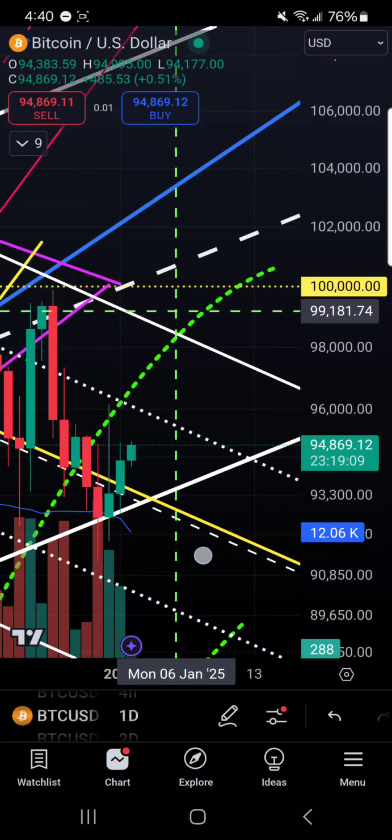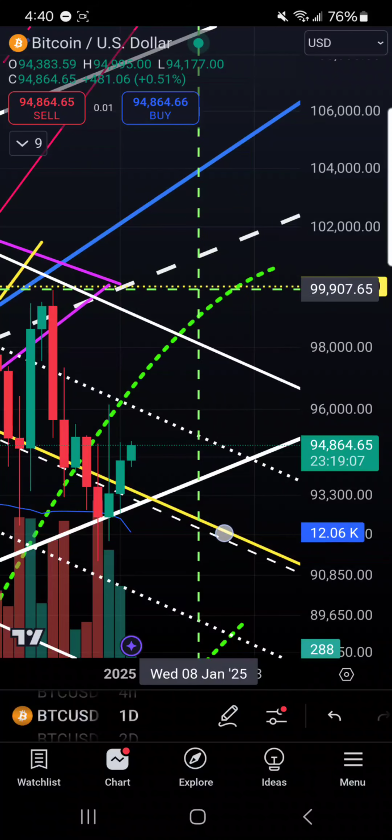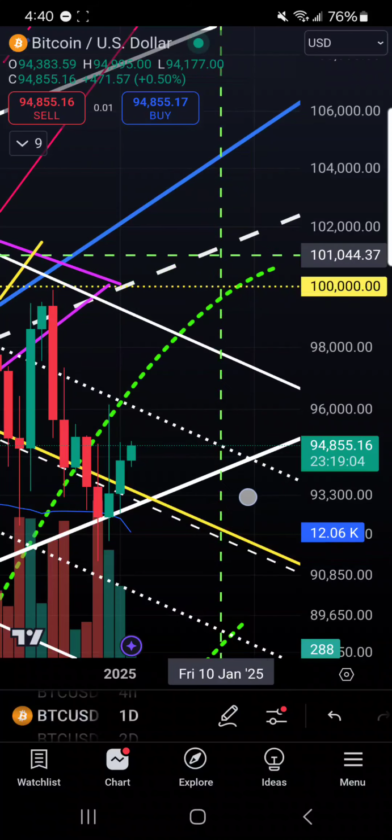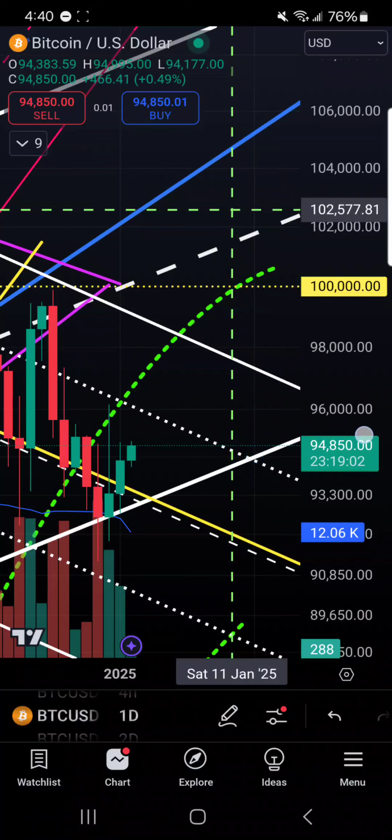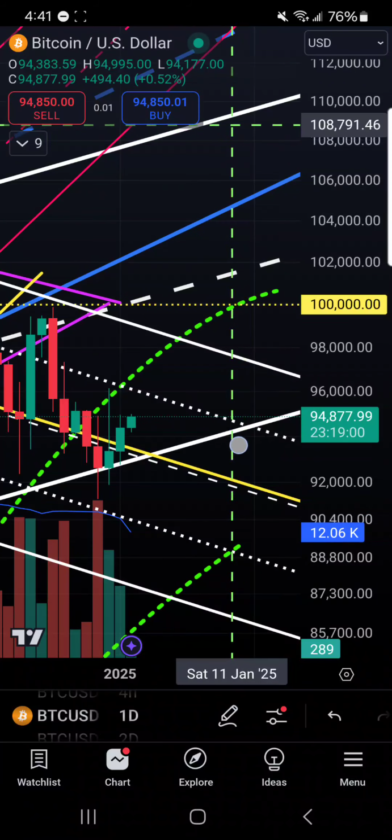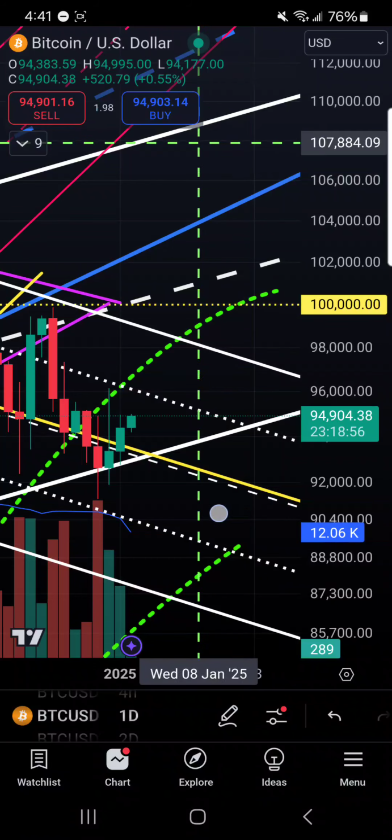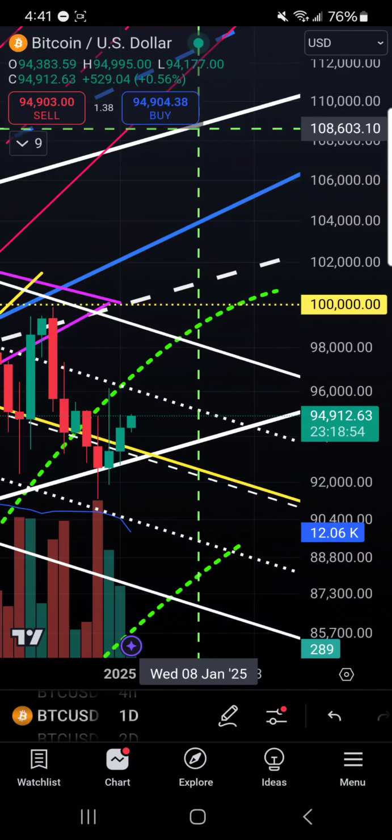So 8th or 9th of January up to about 108,000. Whoa, gotta go way up here. Yeah, back up to the top of the channel. Yep, certainly. That brings us back up to the top of the white channel.